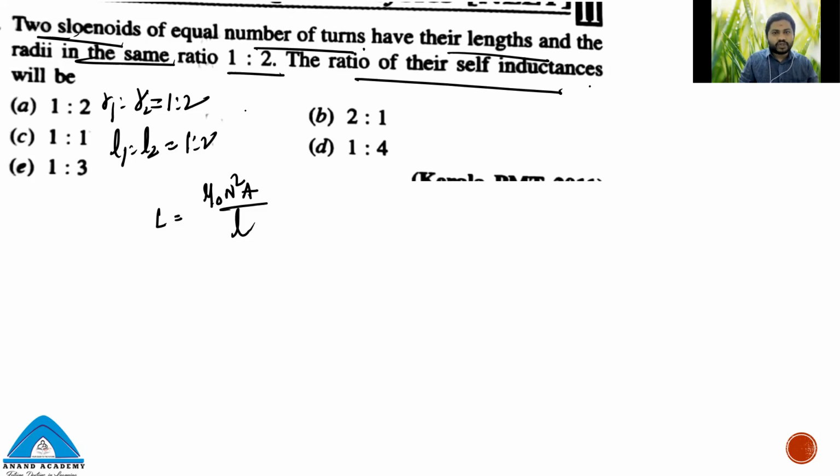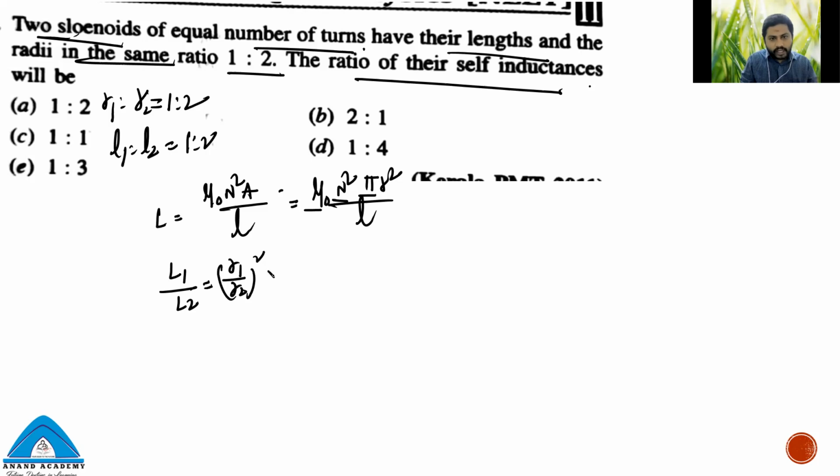So I can write L as mu naught N square into pi R square divided by L. N is same, mu naught is same, and pi is constant. We can write L1 by L2 is equal to R1 by R2 whole square into L2 by L1.